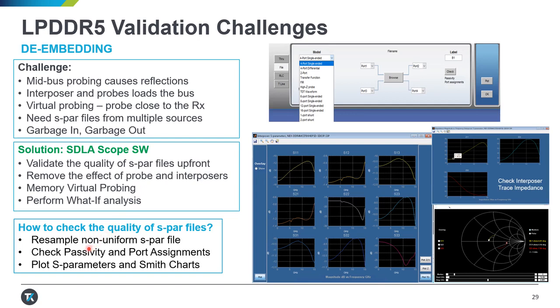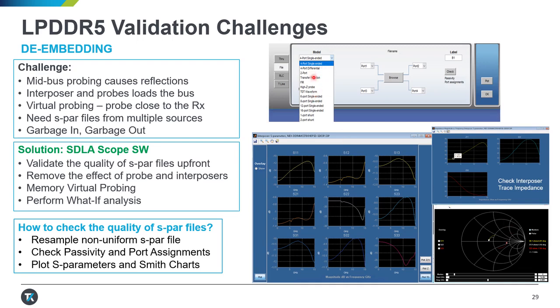You can resample the S-parameter file, you can check passivity, port assignments, and most importantly, it has an amazing and powerful plotting capability. You can plot S-parameters, impedance profiles, Smith charts, and a lot more. And doing this at the very beginning gives you the peace of mind that all your S-parameter files are okay. This is a huge plus.